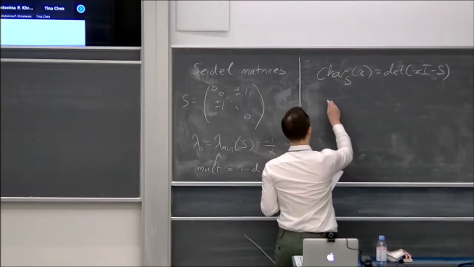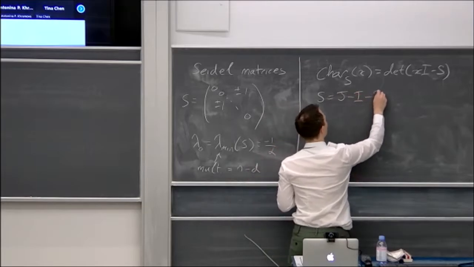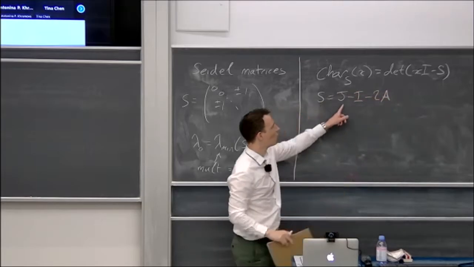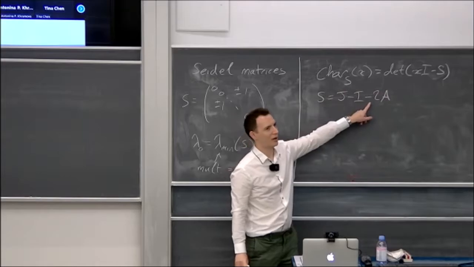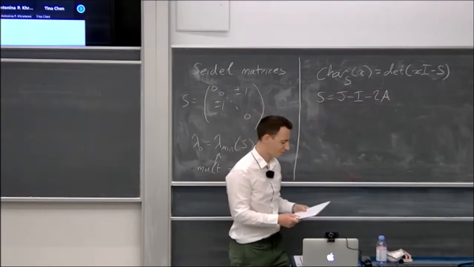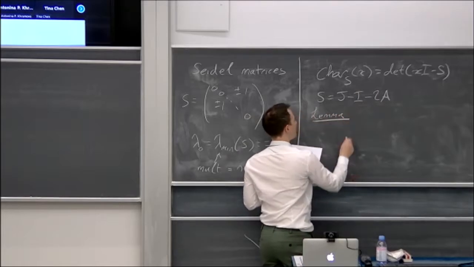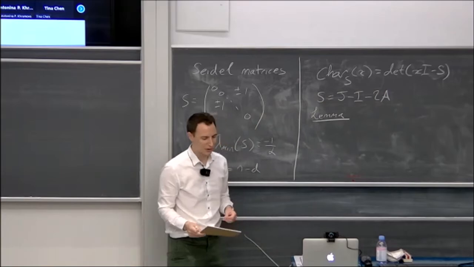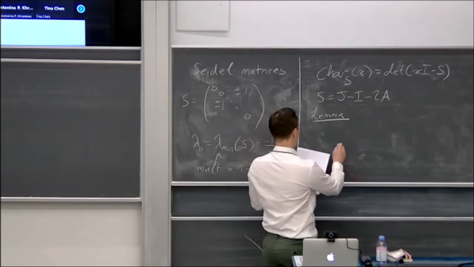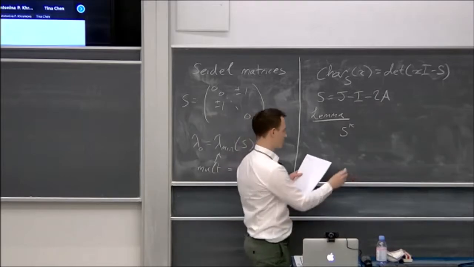Okay, so the first thing we're going to remember is that we can write a Seidel matrix like this: all ones matrix minus identity matrix minus 2 times the adjacency matrix of a graph. And if we think about a Seidel matrix like that, then we can prove some pretty straightforward results. The first one is about taking powers of a Seidel matrix.